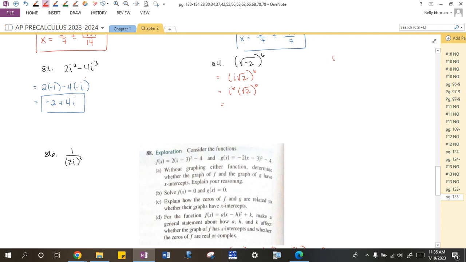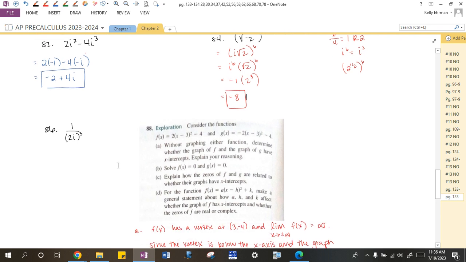Now i to the 6th, really quickly off to the side, 4 goes into 6 once, with a remainder of 2. That means i to the 6th is the same as i squared. So -1. And then radical 2 is like 2 to the 1/2 to the 6th power. That's 2 to the 3rd. So we get -8 for our final answer.